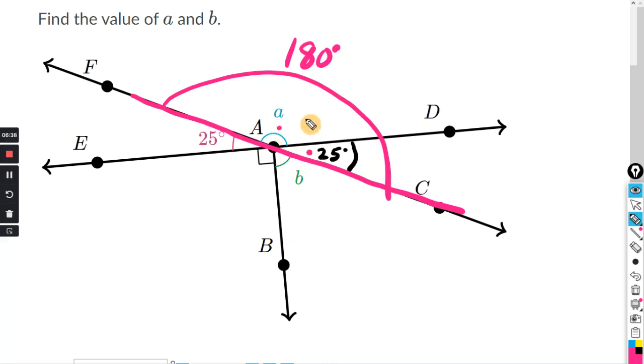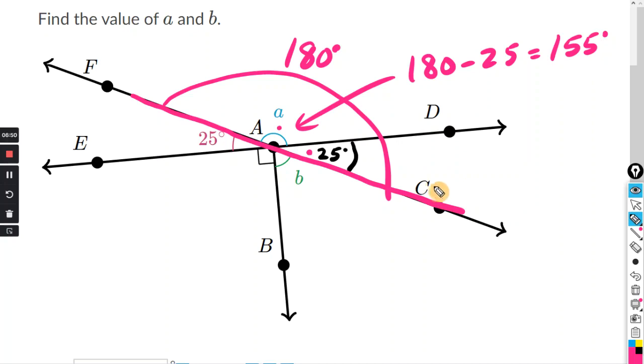So this one here is just going to be 180 minus 25, and that equals 155 degrees. So this right here is angle A. All right. Now I'll erase some of this mess here.